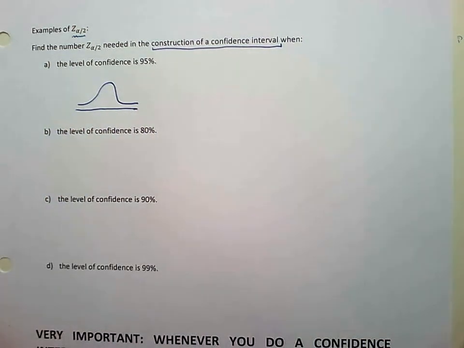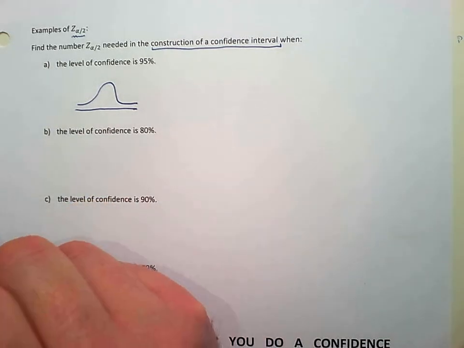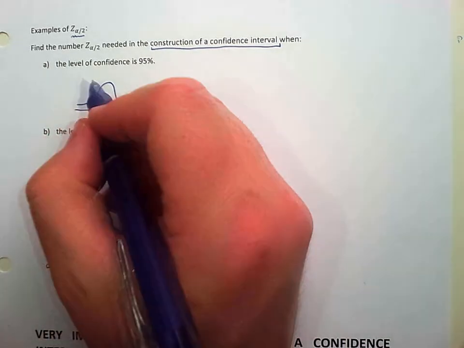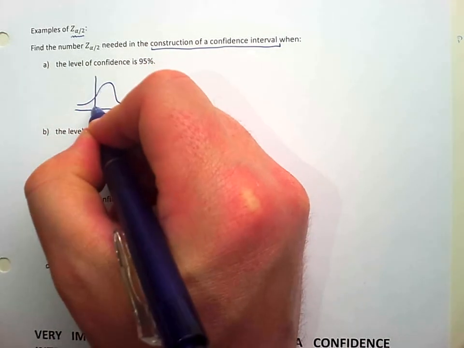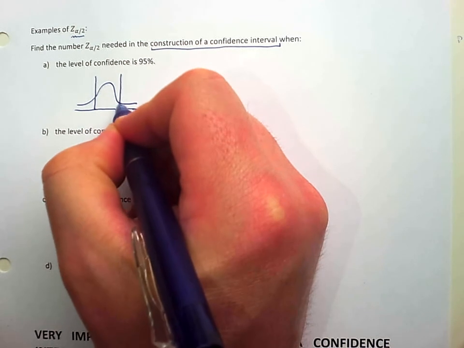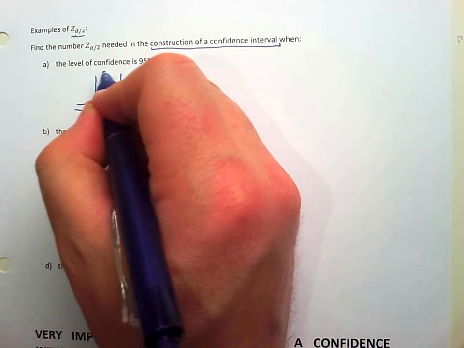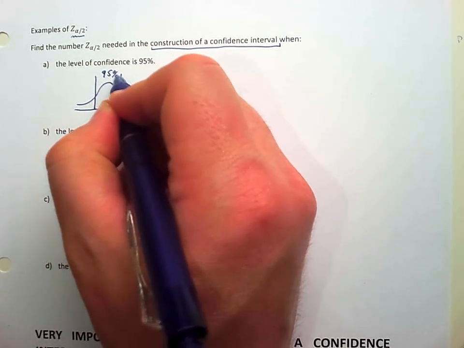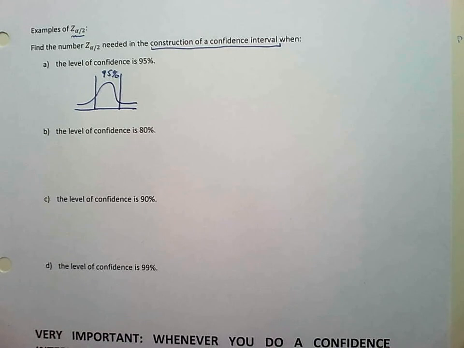And since we're looking up z values, we know that we're dealing with a normal distribution. And our confidence level is 95%. So just like I did before, I'm going to have our confidence level between these two cutoffs. And here I'm going to say that this is 95%. This is really similar to the example that we started off with at the beginning.